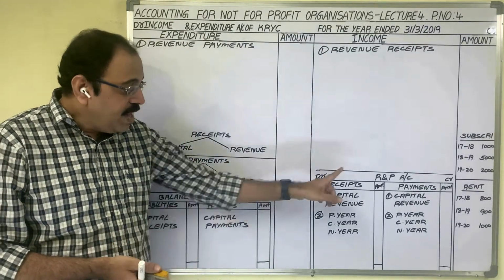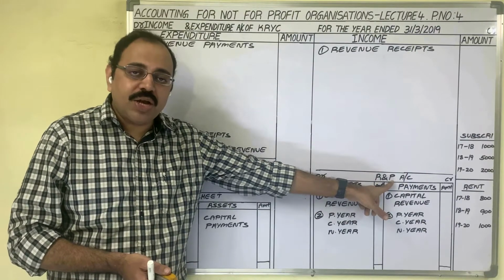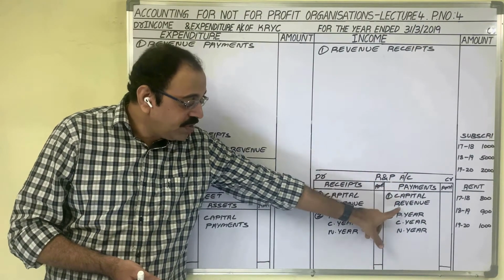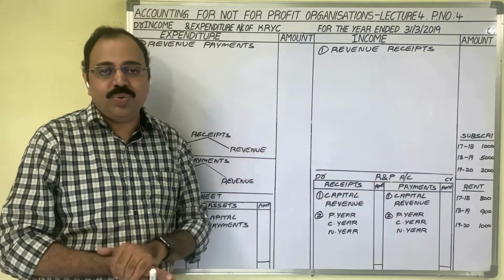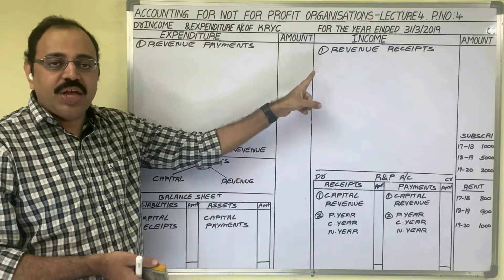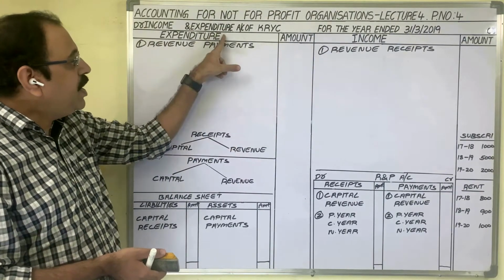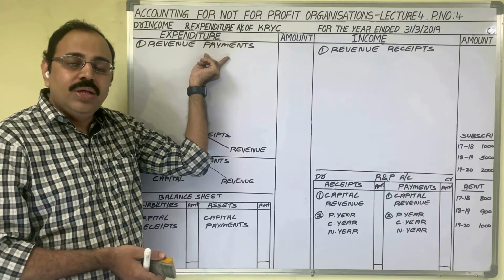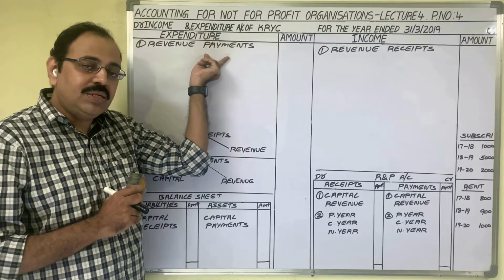Now, while preparing the receipts and payments account, on the payment side, both capital payments and revenue payments we have to show. But while preparing the income and expenditure account, on the expenditure side, only revenue payments we have to show. Then what about capital payments?